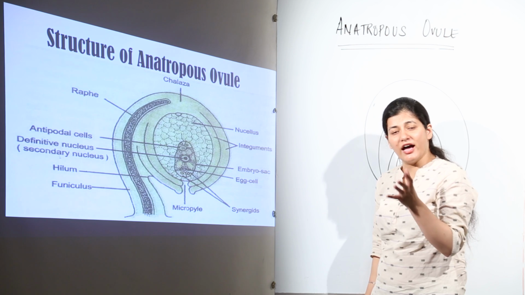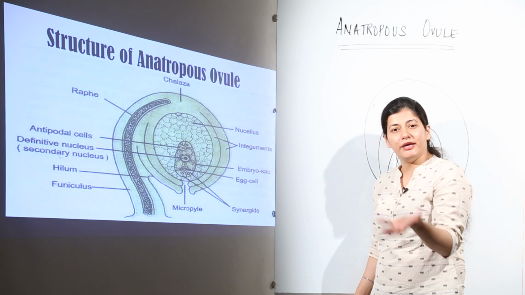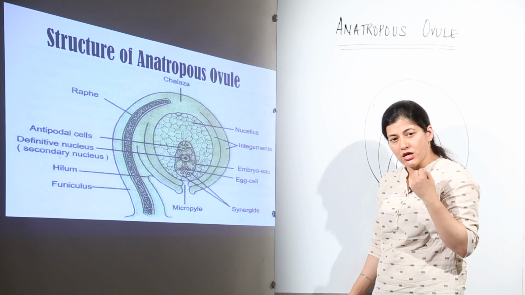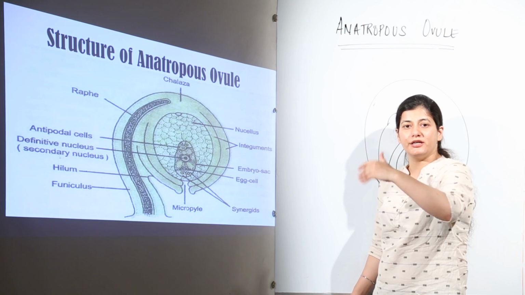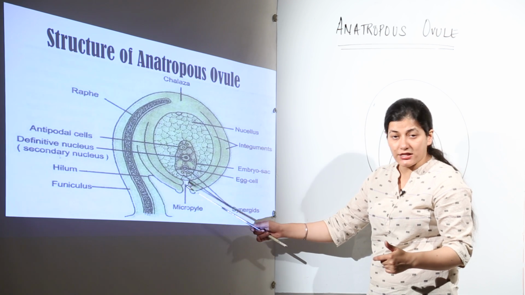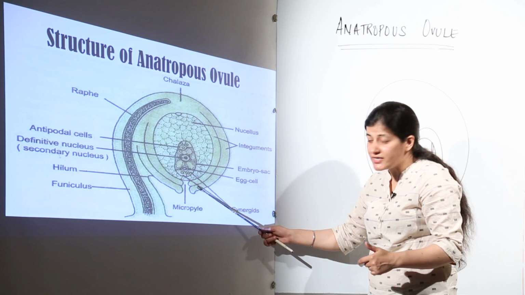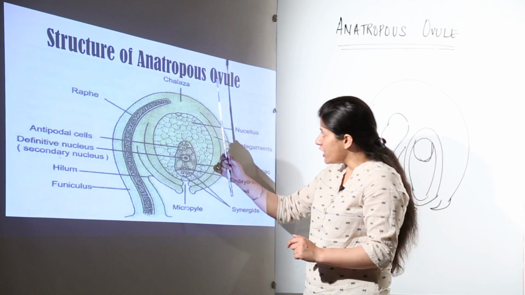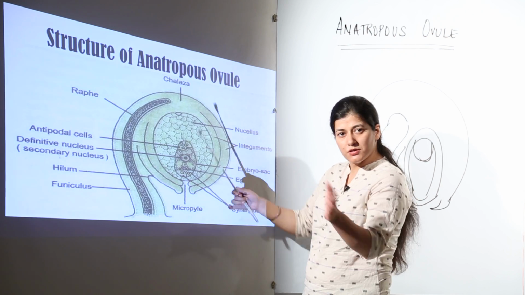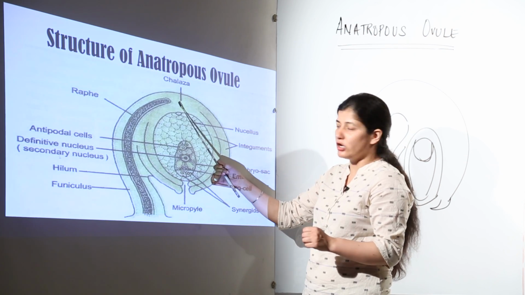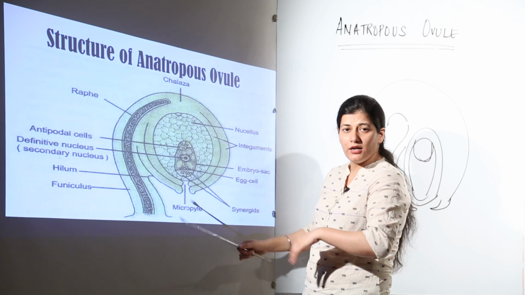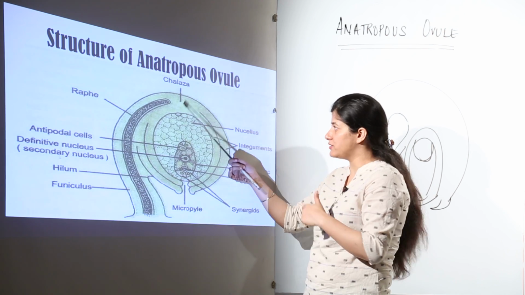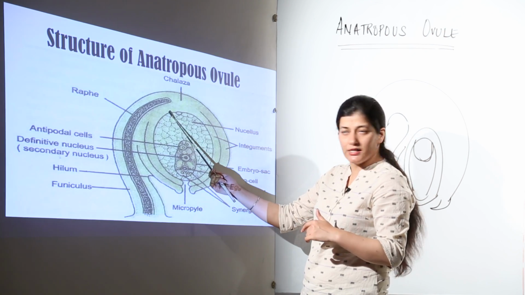You see, the ovule has to receive the male gametes which will come with the pollen. So where are they going to enter and reach the female gamete? This particular pore where the integuments are absent is known as the micropyle. Totally opposite to the micropyle lies the chalaza. So you simply have to remember that whatever lies opposite to the chalaza is the micropyle, or whatever lies opposite to the micropyle is the chalaza. Okay, the raphe extends till the chalaza.